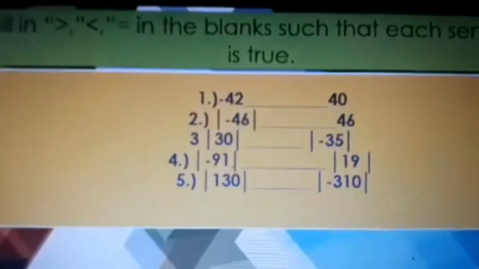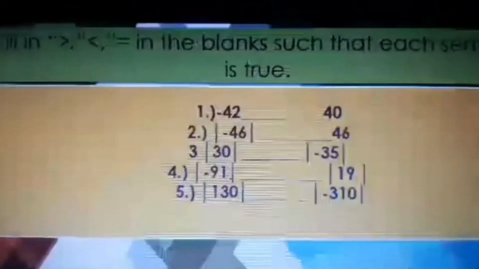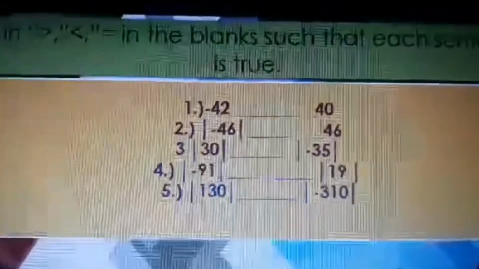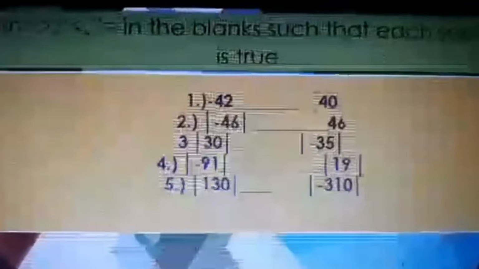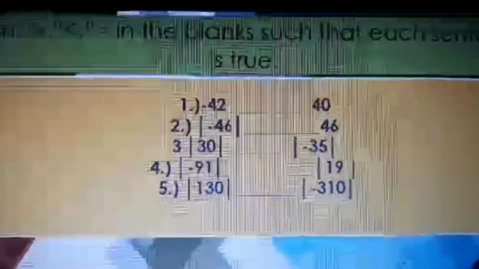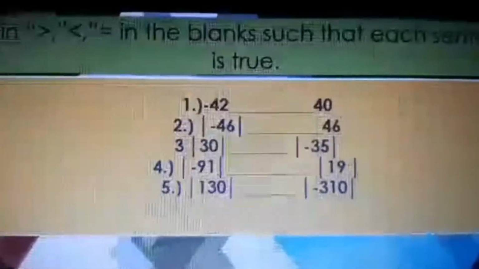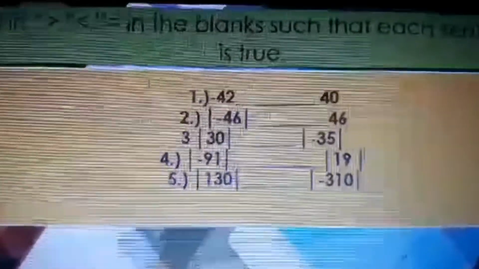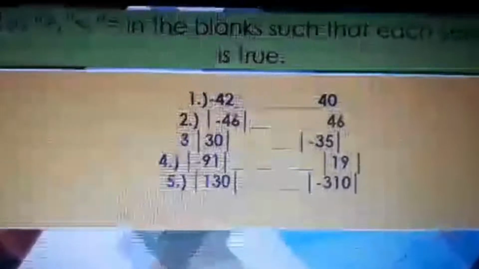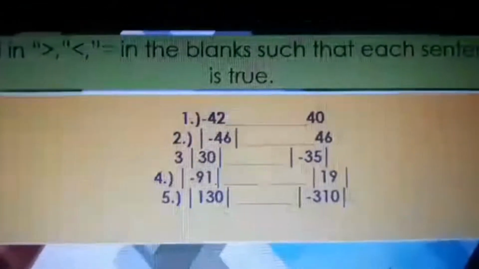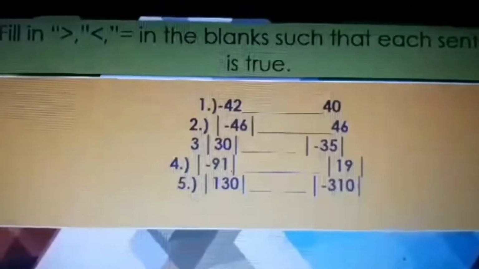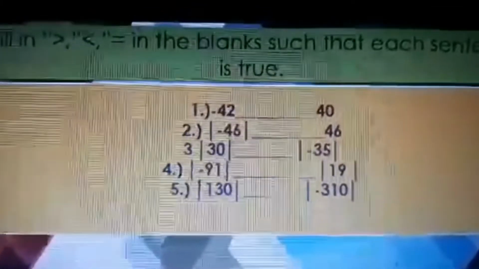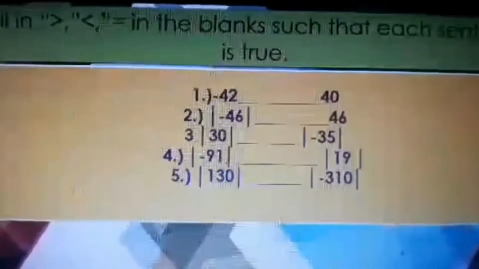Now let's answer. For number 1, negative 42 is less than 40. The highest is 40. Number 2, the absolute value of negative 46 is equal to 46. Next, number 3, the absolute value of 30 is less than the absolute value of negative 35. Number 4, the absolute value of negative 91 is greater than the absolute value of 19.